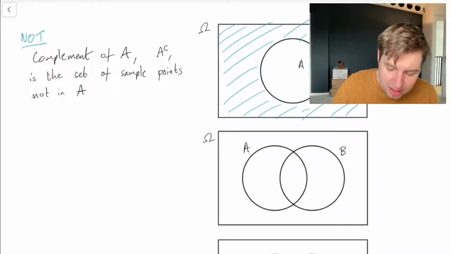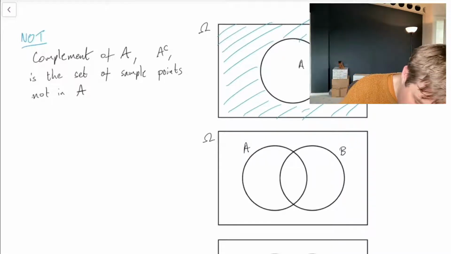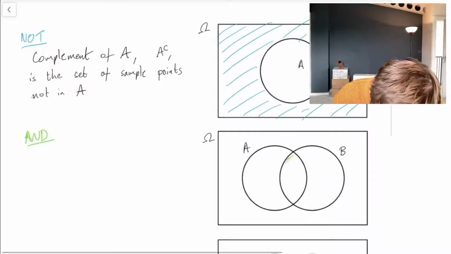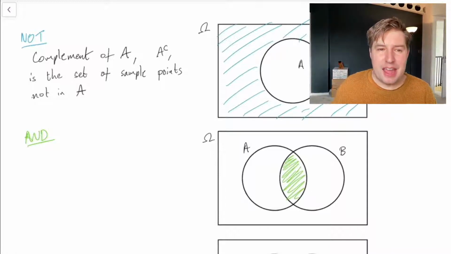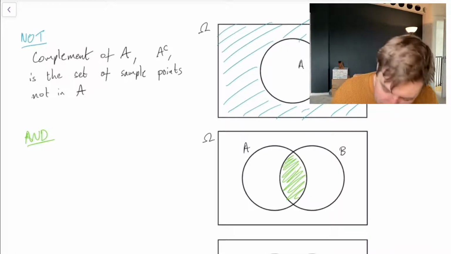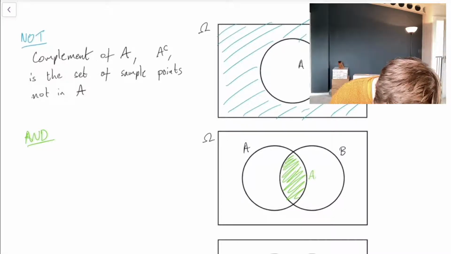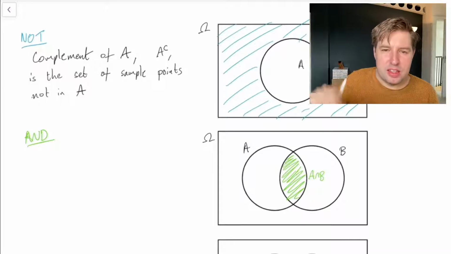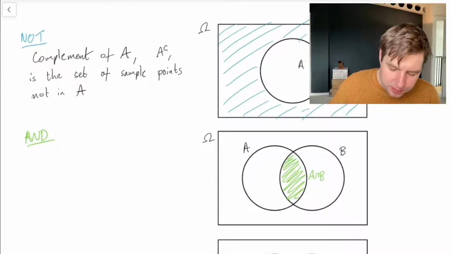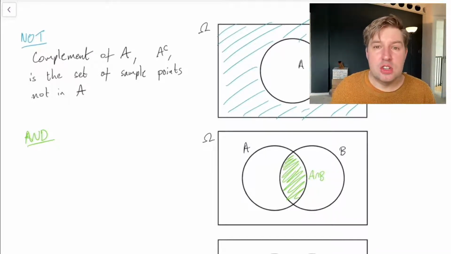That's the set of things in both A and B, right? So if we call this and, then this bit here in the middle, stuff that's in A and B, we write as A, and this kind of curvy upside down U letter, B, which is called the intersection.